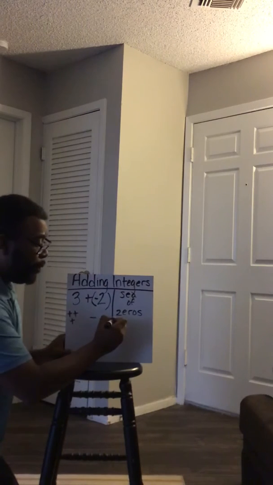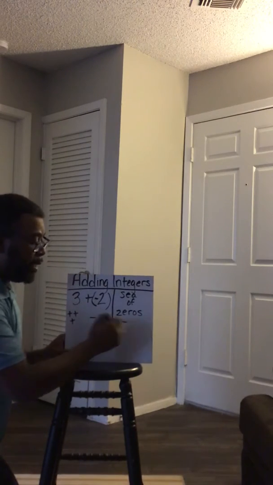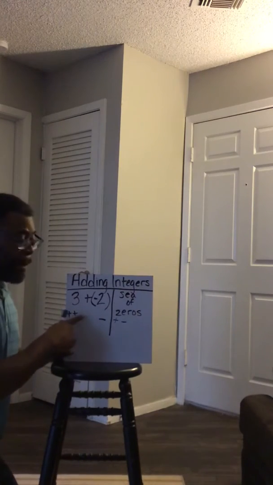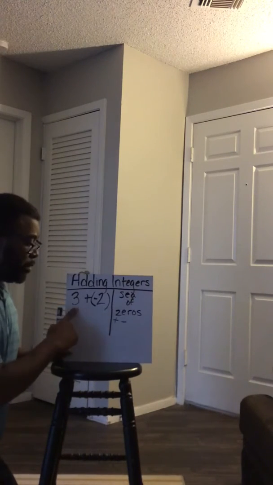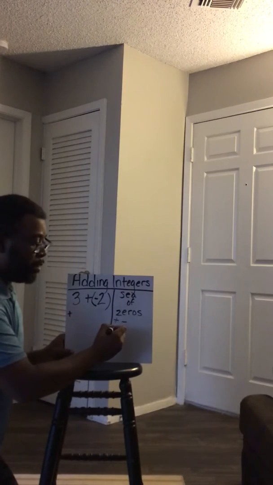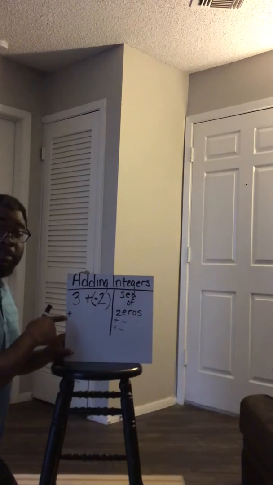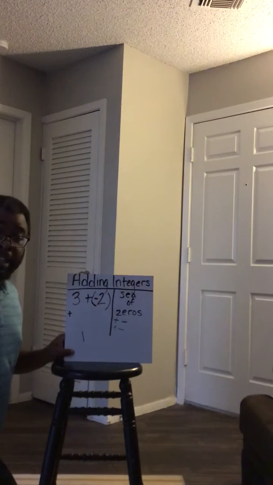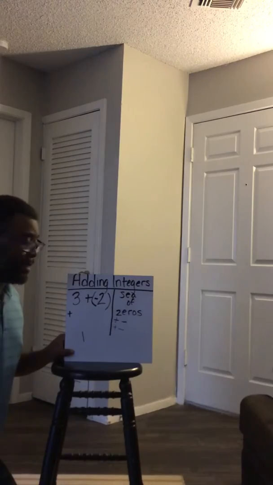So 1 positive, 1 negative. I have another positive and a negative. And that would leave me with just positive 1. Any questions? What happens when I have to subtract?